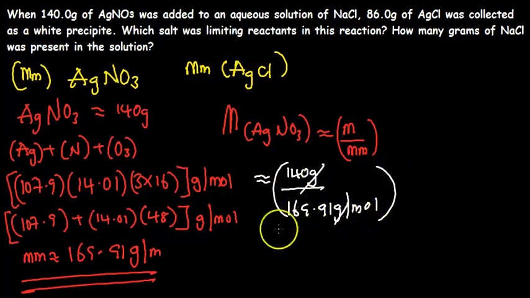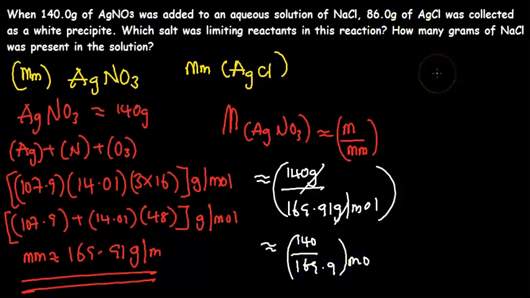We are going to be left with 140 divided by 169.9, leaving us with moles. Therefore, if you divide 140 by 169.9, our moles is simply going to be 0.824 moles.